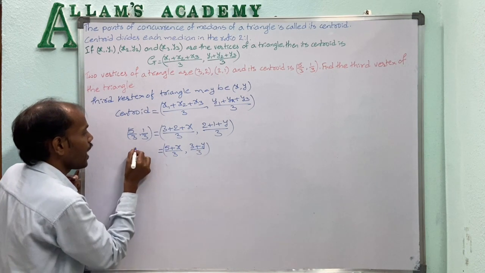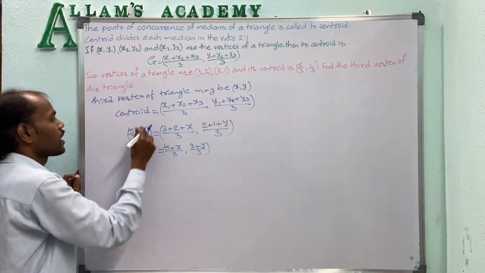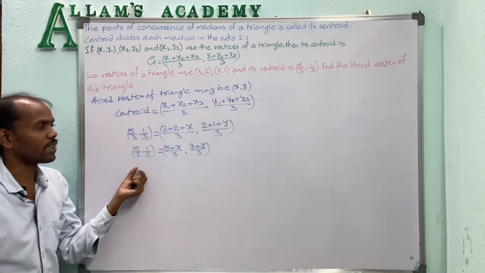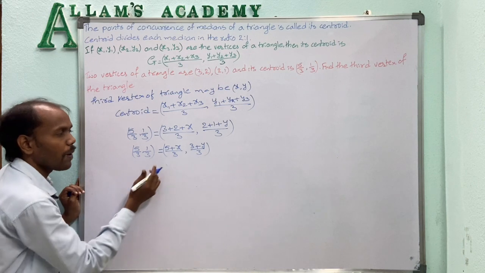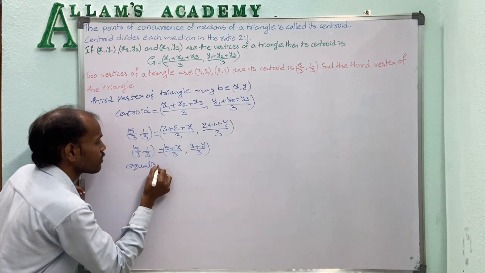Now this point is equal to the given centroid (5/3, 1/3). Now here both points are equal, so equalizing the coordinates.